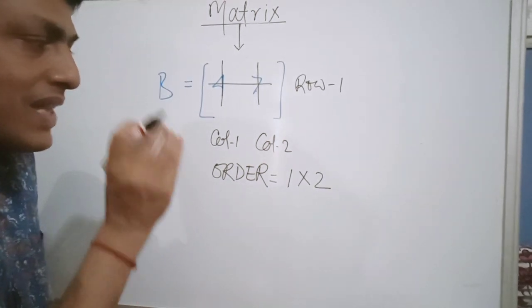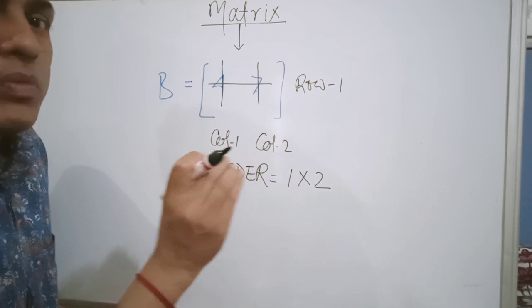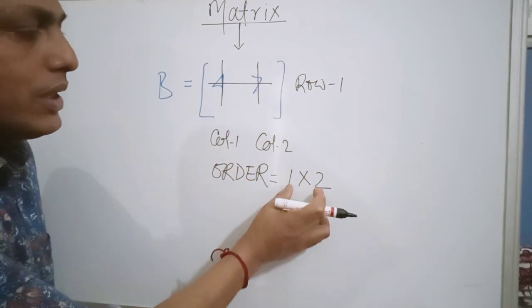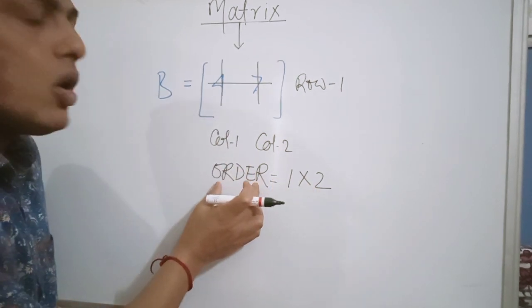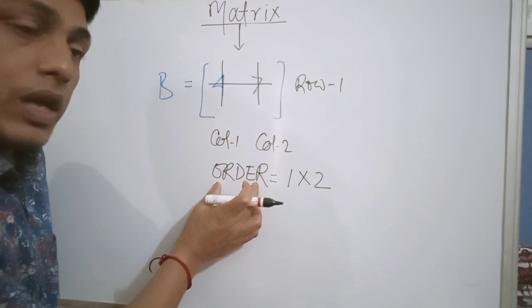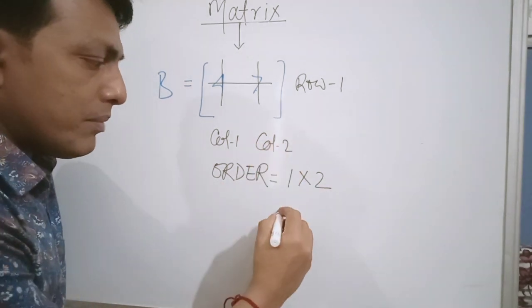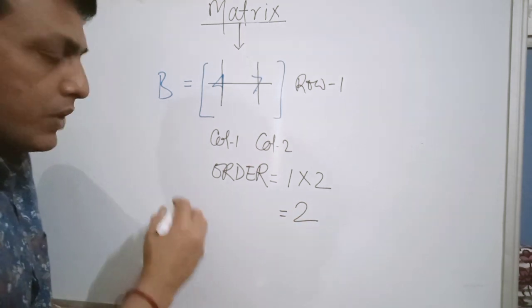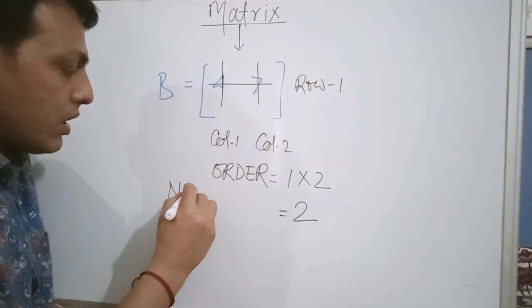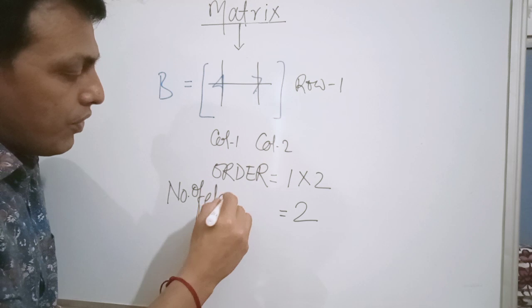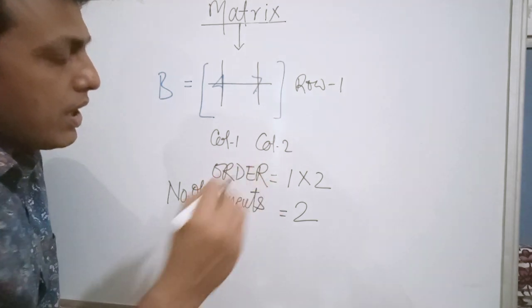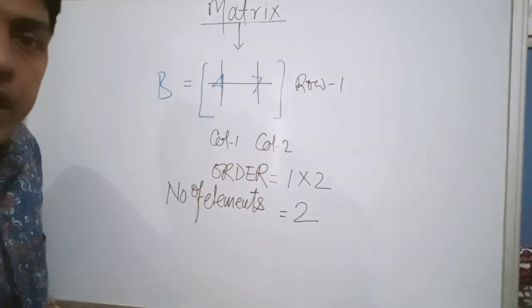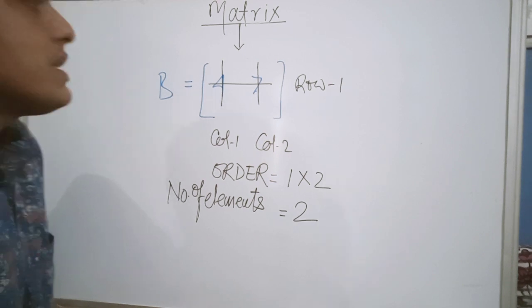So when you write the number of rows and number of columns separately in this format, that will be the order of the matrix, and when you multiply them, that becomes number of elements. Correct? Another example.